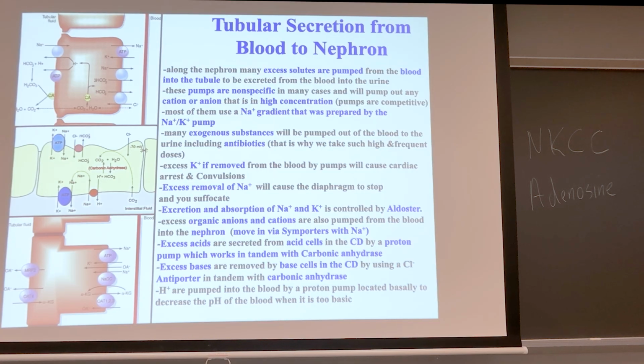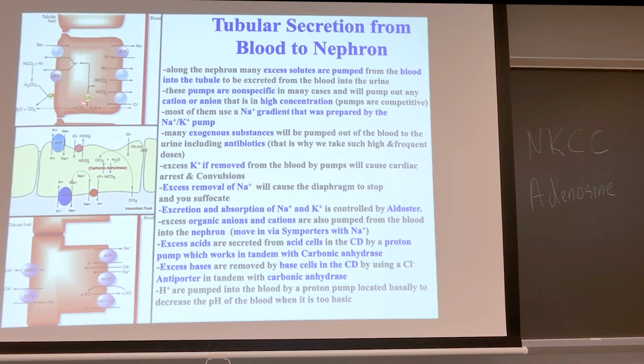But if you have excess acids or excess bases, they end up in the filtrate, right? So the pH of your urine can vary from day to day depending on what you're eating and drinking, right? And so how do we get rid of acids and bases? Well, it's pretty easy. We just use carbonic anhydrase, because we can always use carbon dioxide to produce protons and bicarbonate, right? Protons are acidic, bicarbonates are basic. So if we want to get rid of acids, look up here, we simply do this.